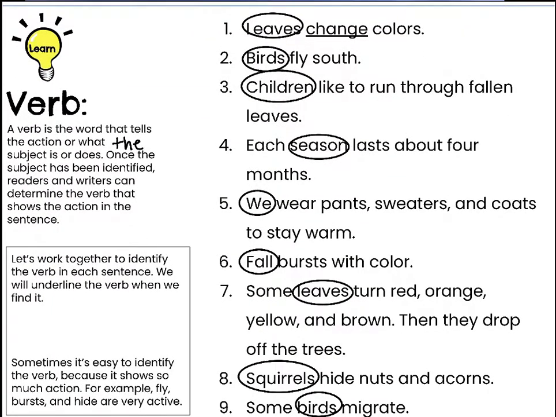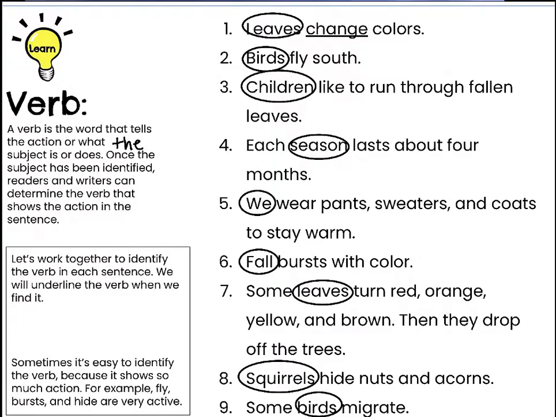A verb is the word that tells the action or what the subject is or does. Once the subject has been identified, readers and writers can determine the verb that shows the action in the sentence. Let's work together to identify the verb in each sentence. We will underline the verb when we find it.